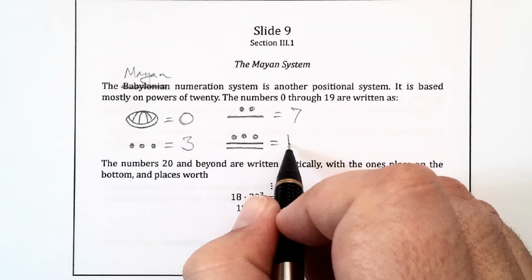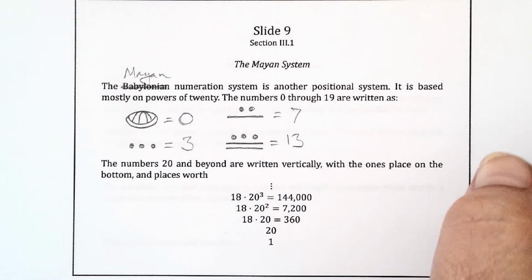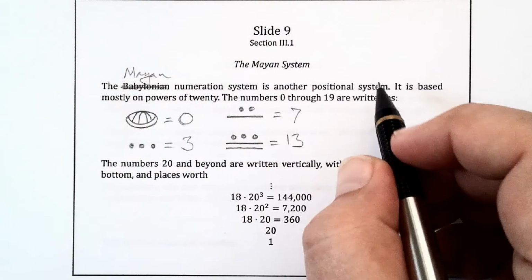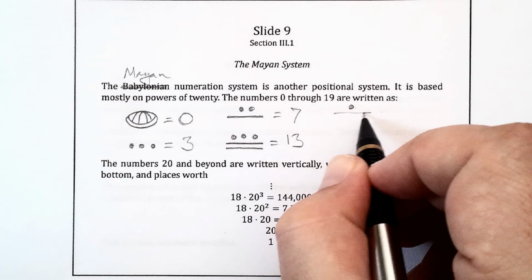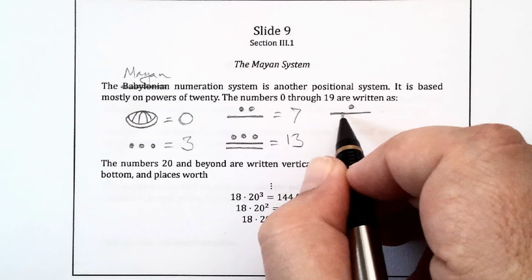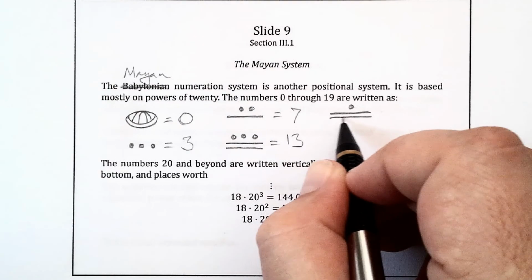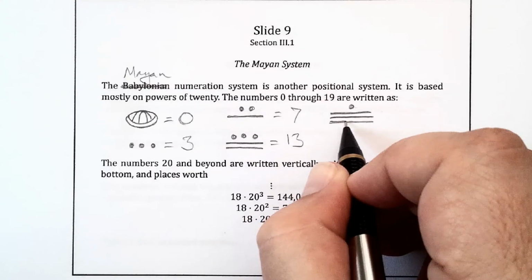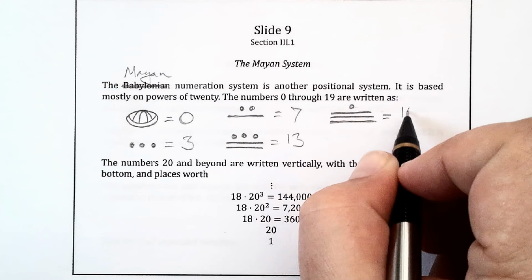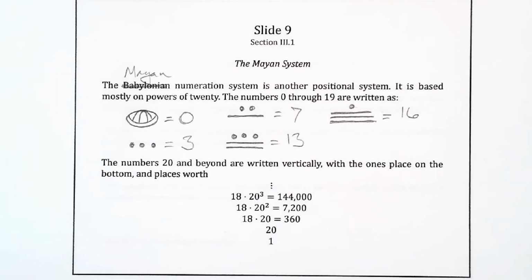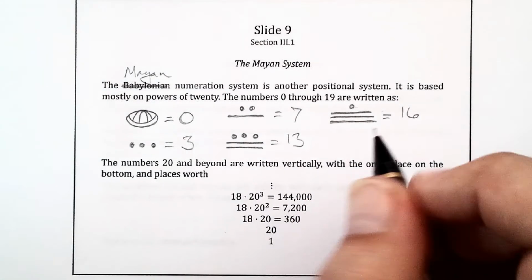That would be 13. Let's say 1 dot and 3 bars. That would be 16.